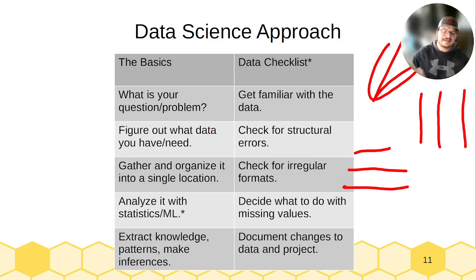And then lastly, document the changes you made to the data and the effects that they will have on the project. This may seem nitpicky, especially if we're working in a development environment where we're passing versions through Git back and forth. But in cases where someone emails you a document, which is much more common, or an Excel file, which is much more common in academia, this is where that matters.